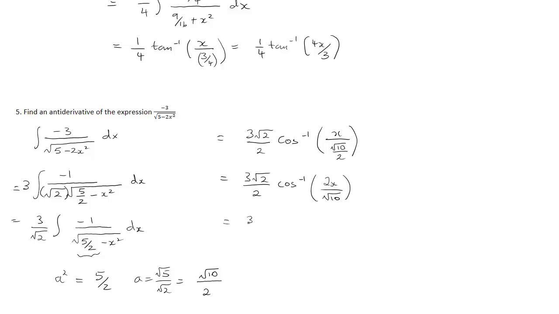And now, it might be worthwhile to try to rationalize that denominator there by multiplying by square root of 10. And so this and this will cancel, that will give us 5. And so our final integral will be this value here.